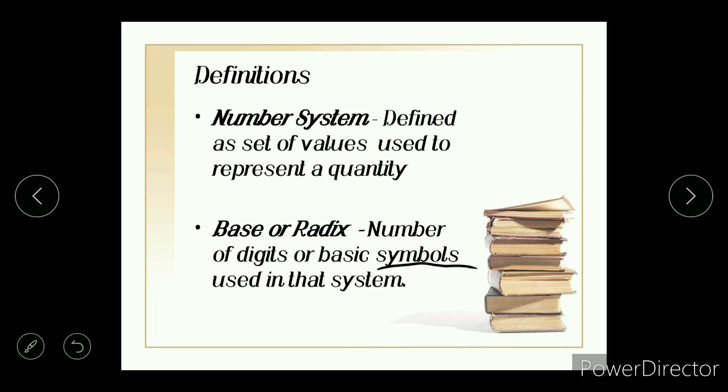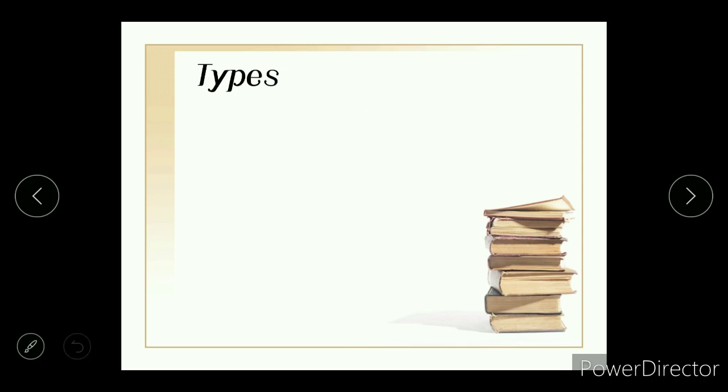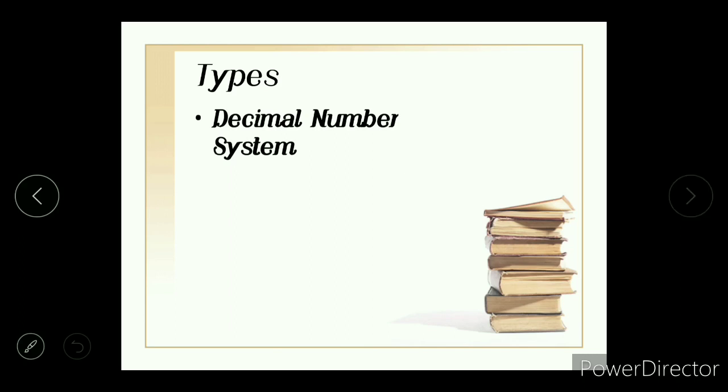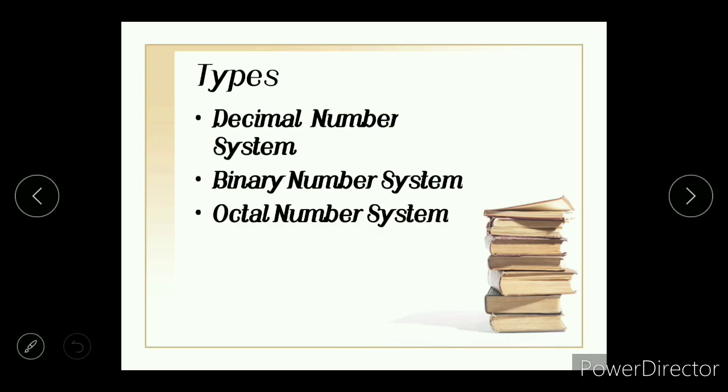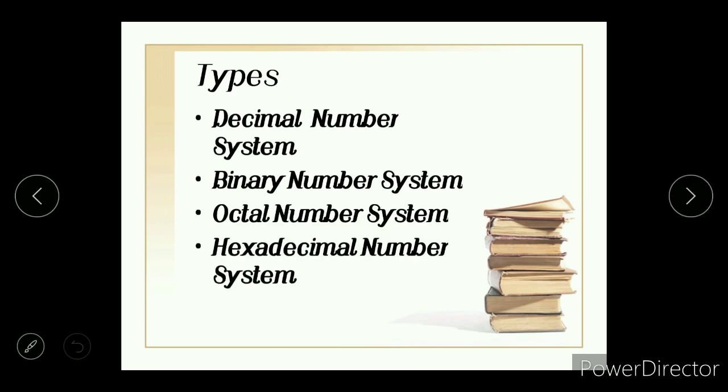Next, let us see the types of number system. There are many types of number systems, but out of this, we'll be studying only 4 types which are most commonly used: decimal number system, binary number system, octal number system, and hexadecimal number system. Out of this, the first number system that we are going to study is decimal number system.